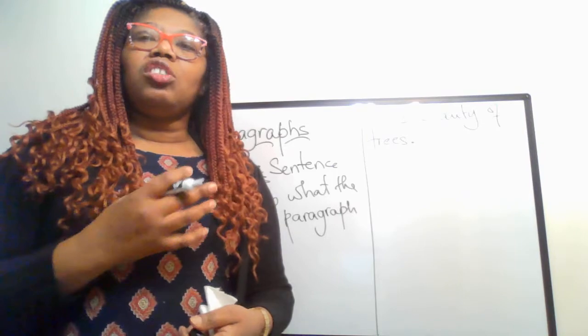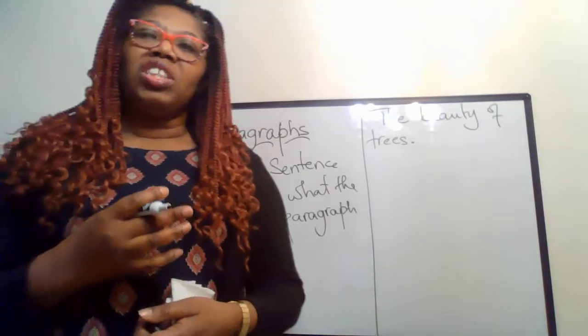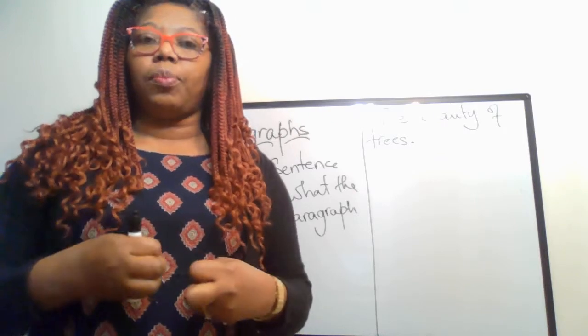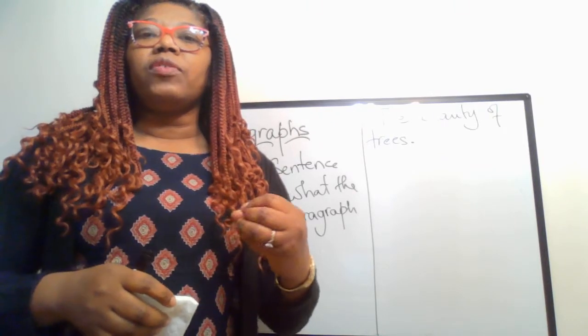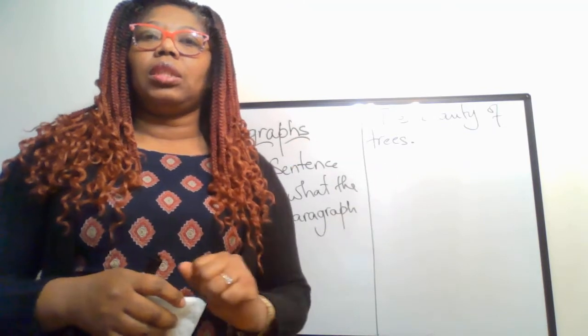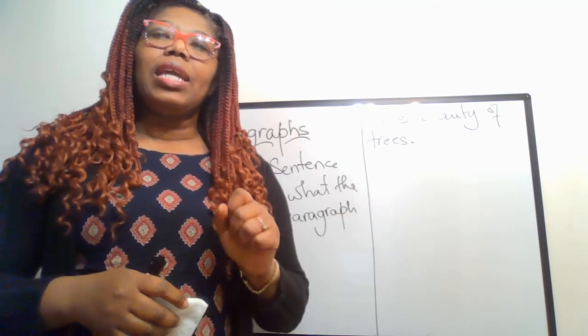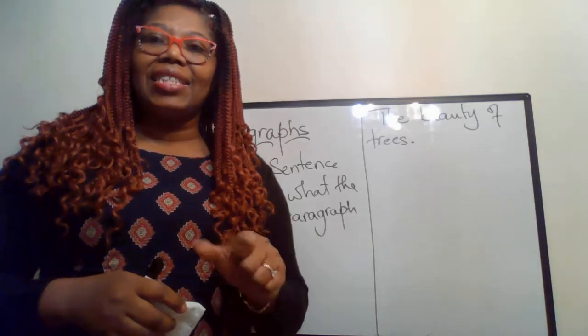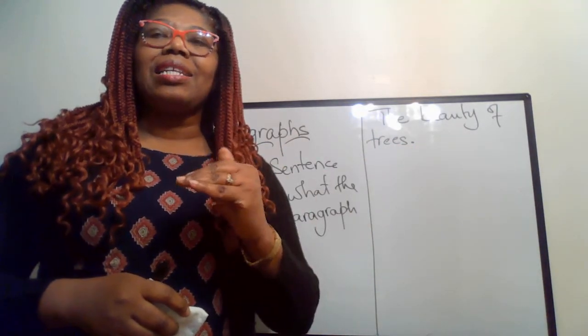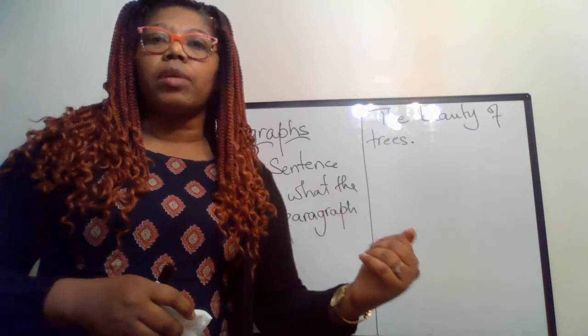And what it does when they do that is that it ties up. The writer would have given you a lot of details at the get-go, and then when he or she gets to that last sentence, they tie in everything, and it somewhat acts as a summary.